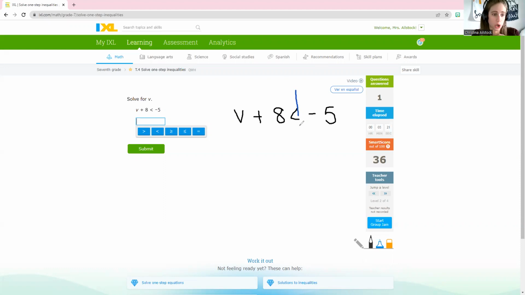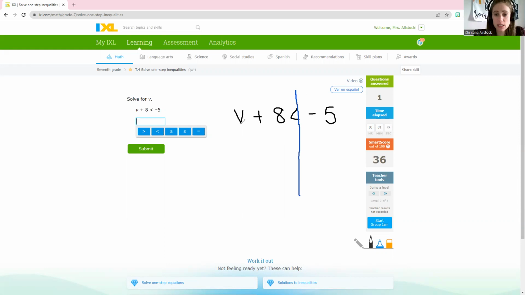You could always draw a line through your inequality sign to help you separate the two sides to see what is on the same side as your variable, what do you need to get rid of. So if that's something that helps you, that's a strategy that you could put into place now. And it's definitely one that I stress when the problems get longer and have more numbers involved in the future.